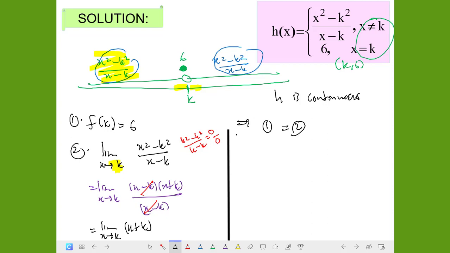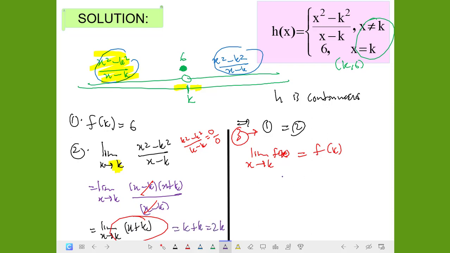This is the third step: step 1 equals step 2. So the limit of f(x) as x approaches k is equal to f(k). Substitute k plus k is equal to 2k. 2k is equal to 6. Therefore, k is equal to 3. Settled.